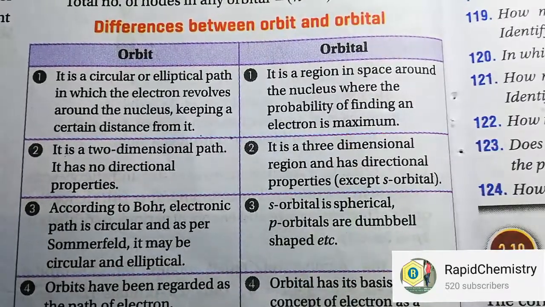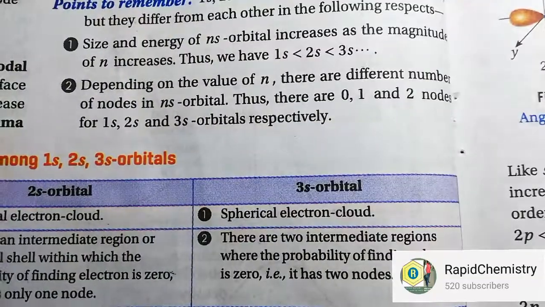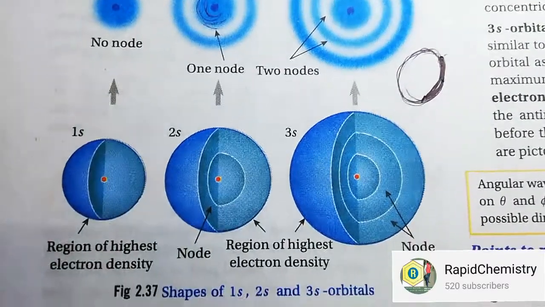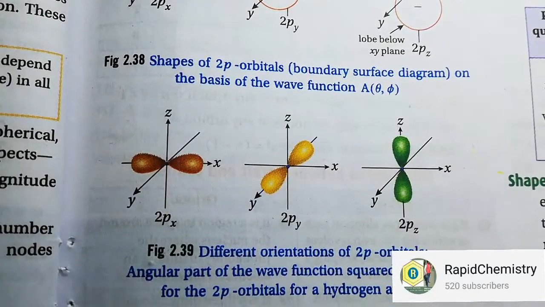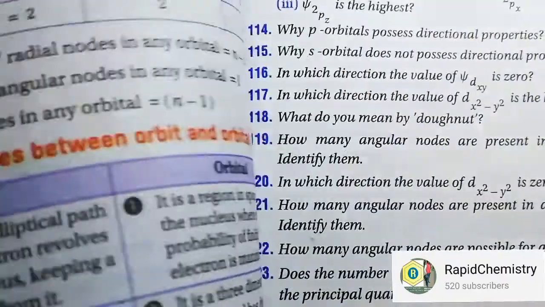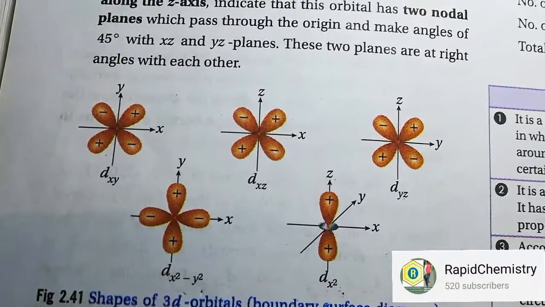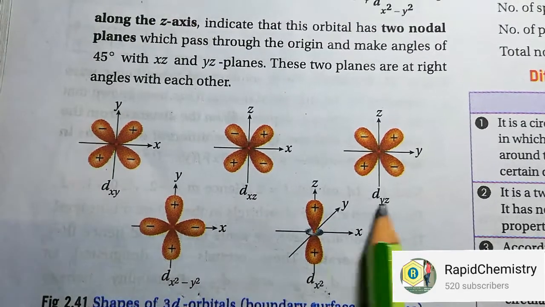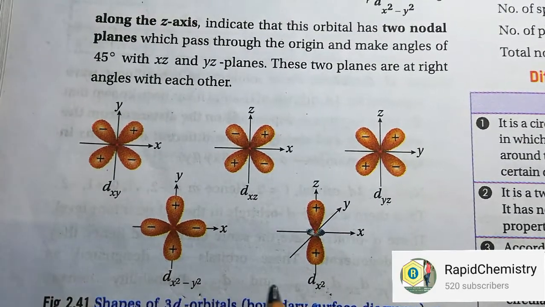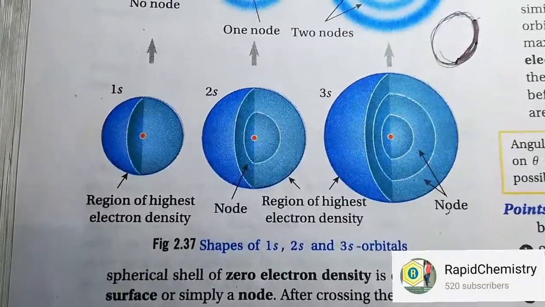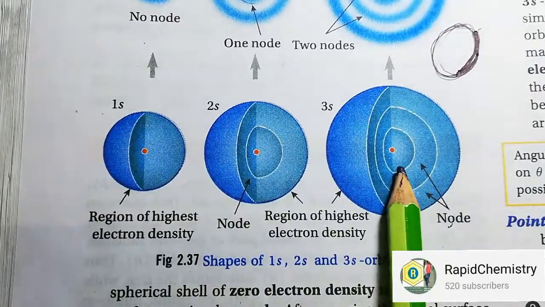Different kinds of orbitals are there, and we have studied them: the s orbitals are spherical in shape, and p orbitals are dumbbell shaped. Two or more dumbbells can be combined to form d orbitals. There are 5 d orbitals: dxy, dxz, dyz, dx²-y², and dz². The s orbital is the only symmetrical orbital.